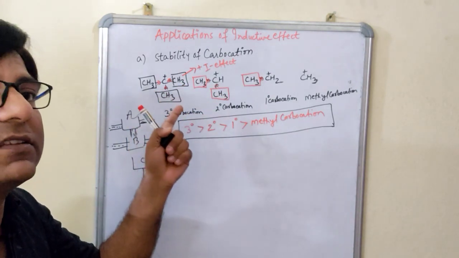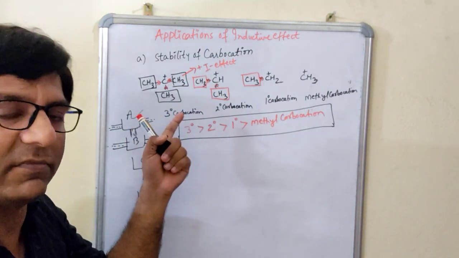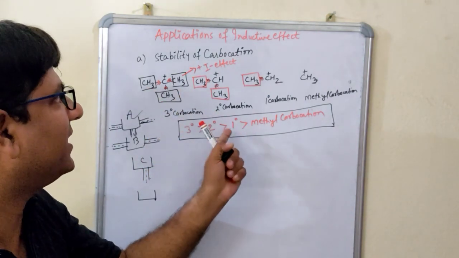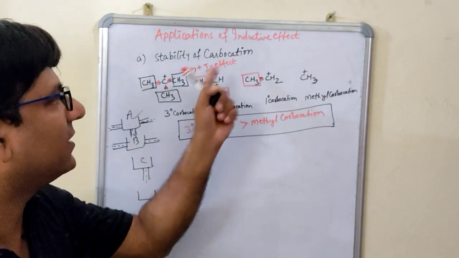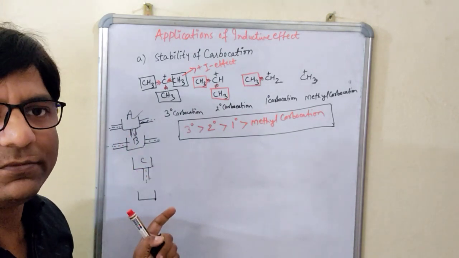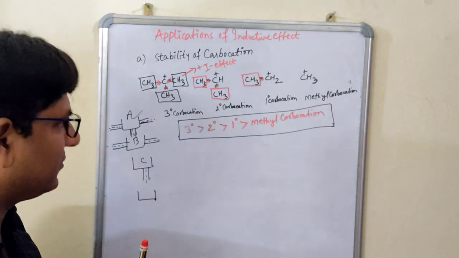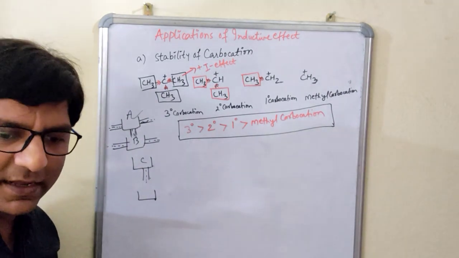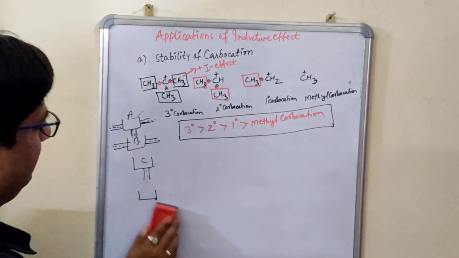But which will attain the stability fast? That is the thing, and based on that, you are arranging the stability order of these carbocations. Hope you have understood this, students. So this is the first application. Now let us see the second one.